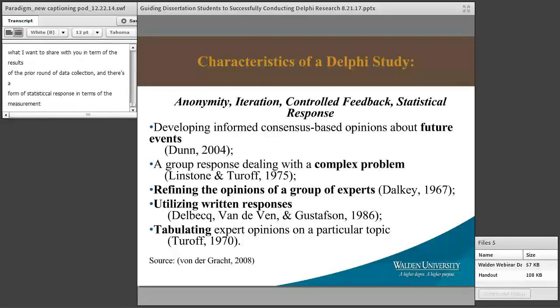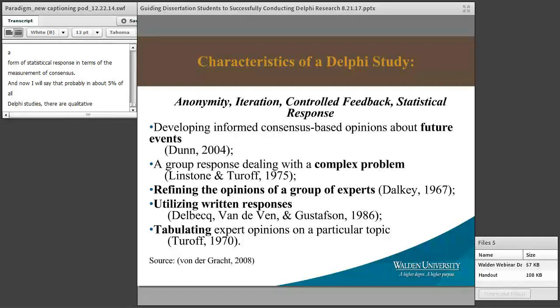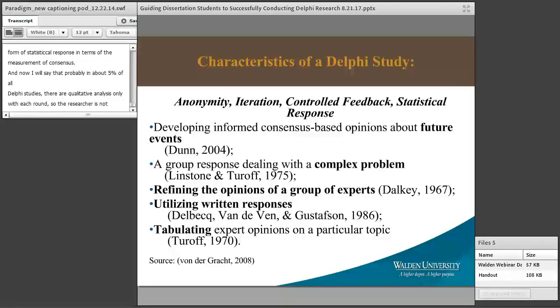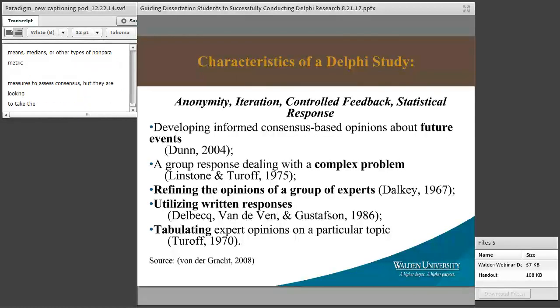And now I will say that probably in about 5% of all Delphi studies, there is qualitative analysis only with each round. So the researcher is not using means, medians, or other types of non-parametric measures to assess consensus. But they are looking to take the qualitative responses and then ask another series of questions with more qualitative responses.